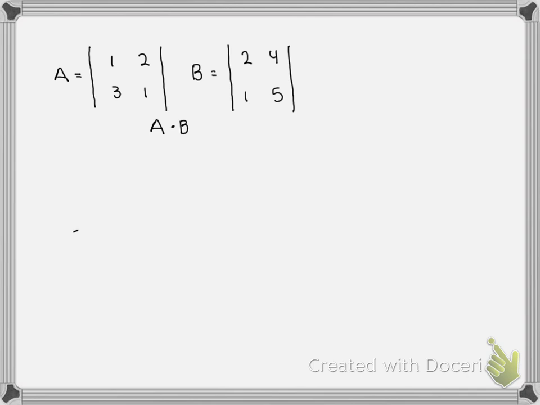Before we do that, we first need to determine whether or not we are allowed to do A times B by finding our dimensions. Matrix A is a 2 by 2, 2 rows, 2 columns, and matrix B is also a 2 by 2. Because these two numbers are the same, the multiplication is defined, and the solution matrix is also going to be a 2 by 2.